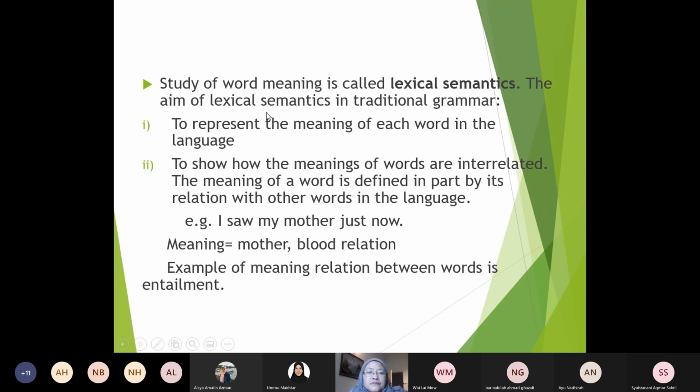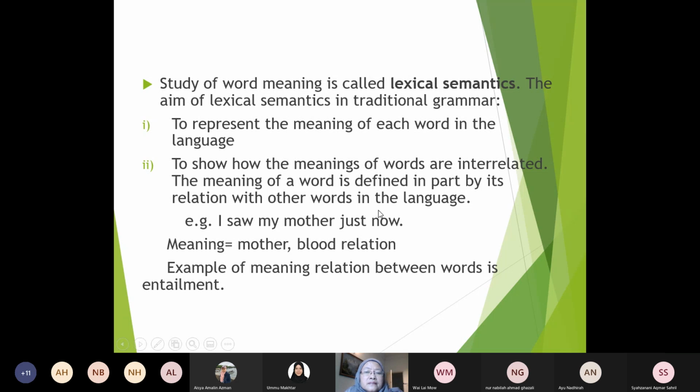So the aim of lexical semantics in traditional grammar is basically to represent the meaning of each word in the language, and to show how the meanings of words are interrelated. So the meaning of a word is defined in part by its relation with other words in the language.